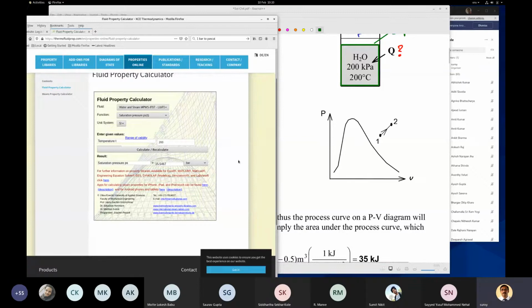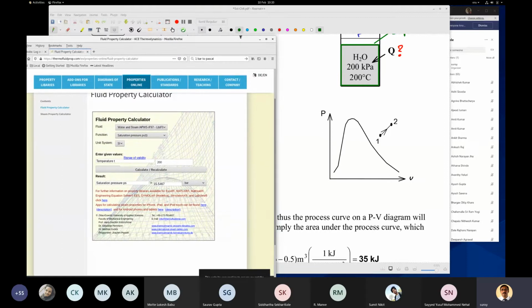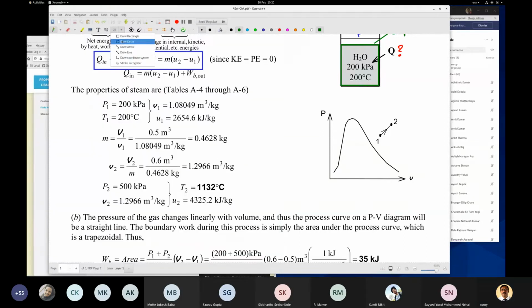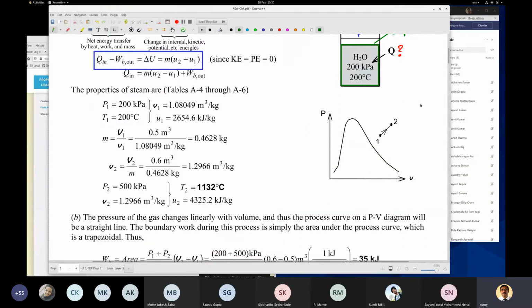So at 200 degrees centigrade, if we draw the other diagram, the S-T diagram, we have different pressures.